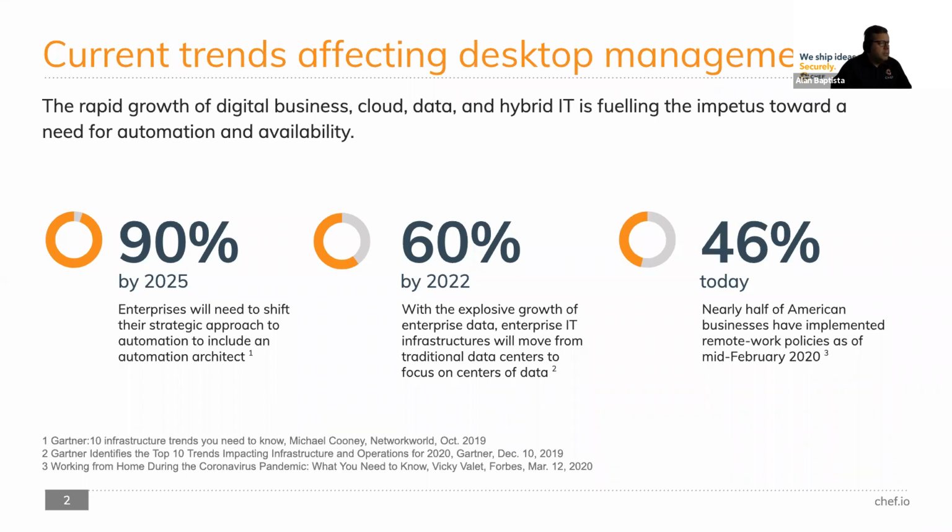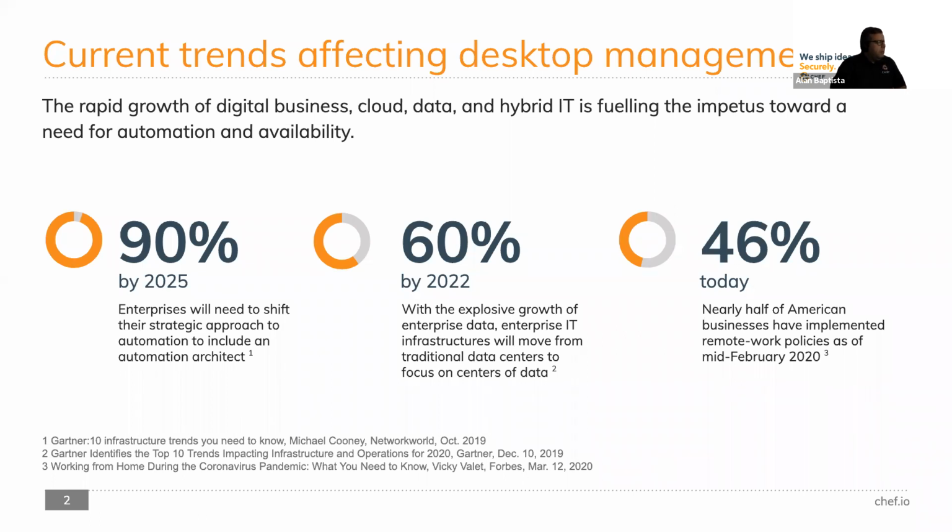So automation is clearly a trend that is going to impact this, and even Gartner says that by 2020, 90% of organizations will have that. Gartner also identifies top 10 trends impacting I&O infrastructure, automation and operations.